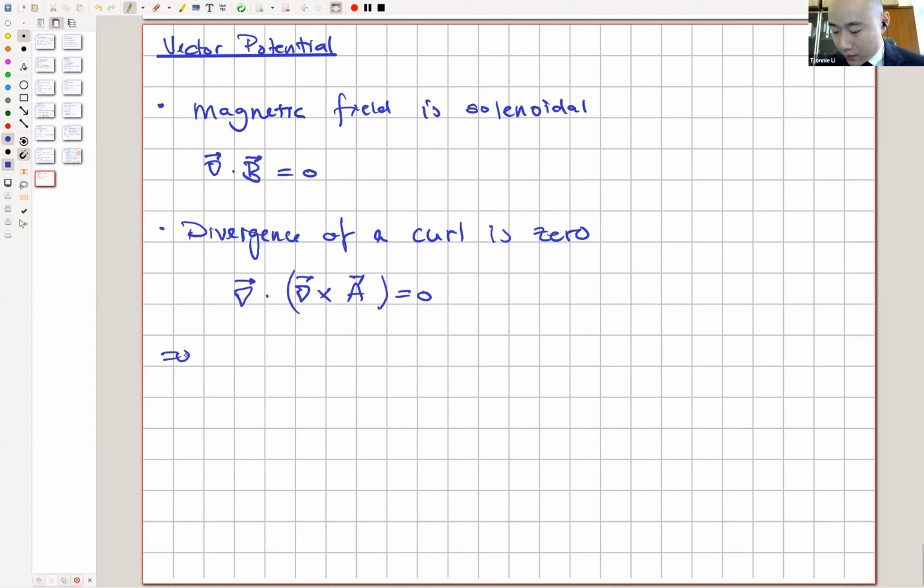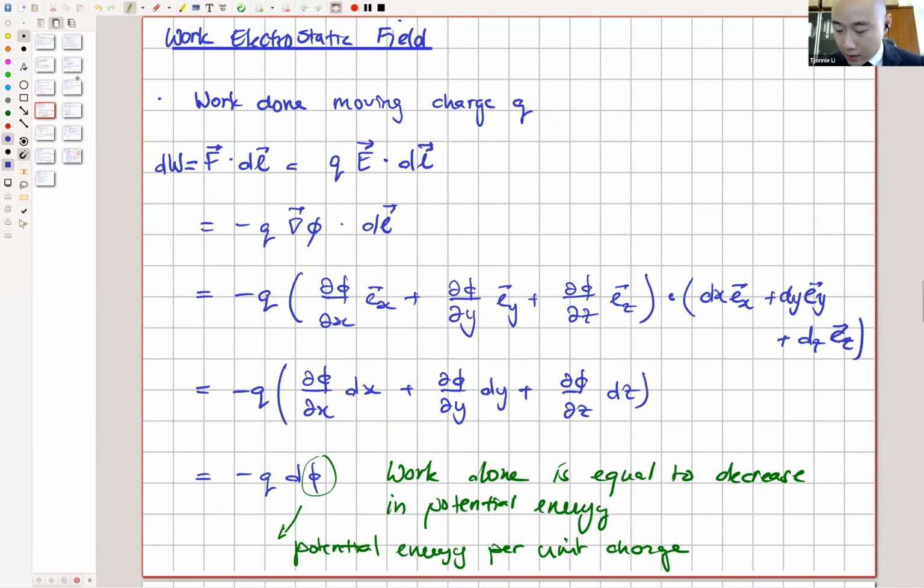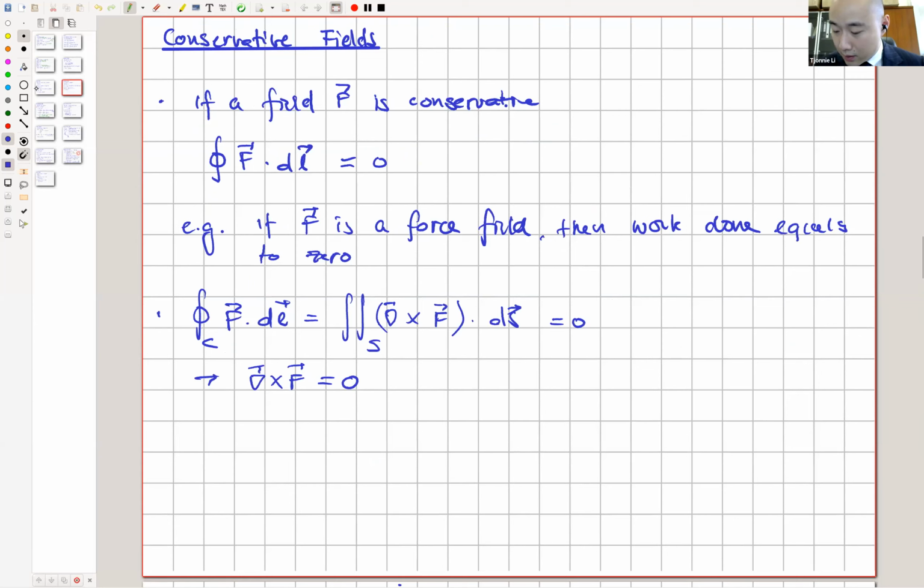And so indeed, we can write the magnetic field as a curl. So B, I can write as the curl of some A. This is in contrast to what we started off with in this equation here.